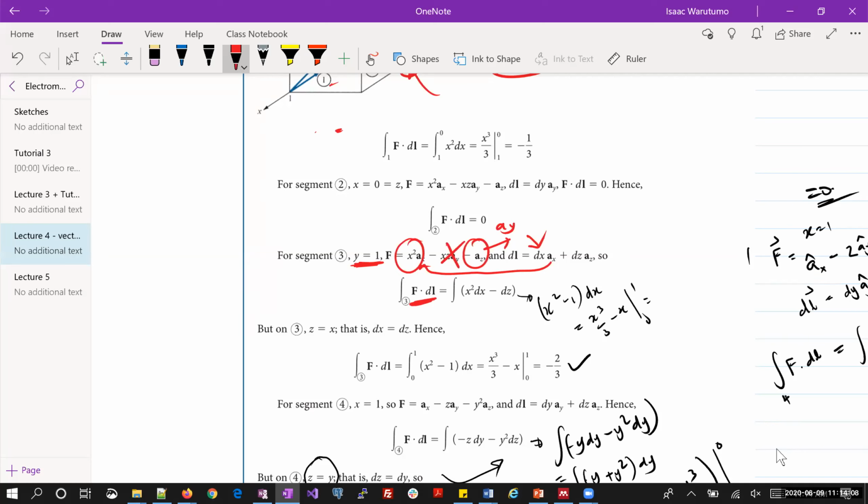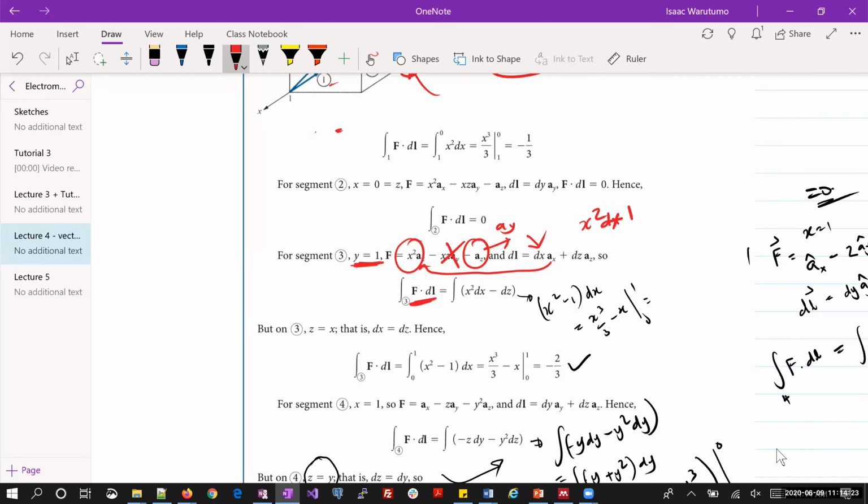That is why we have x squared minus 1. Of course, x squared you dot with ax becomes dx.